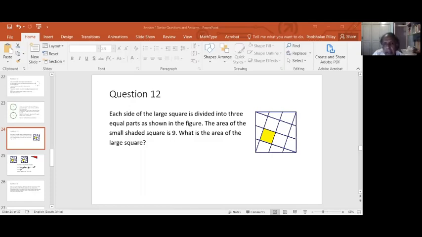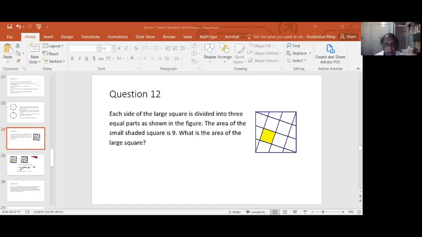As you can see in the figure, each side is divided into 3 equal parts, and some of the lines are joined, and the area of the small shaded square is 9. So you have a kind of a tilted square there. And the question is, what is the area of the large square?